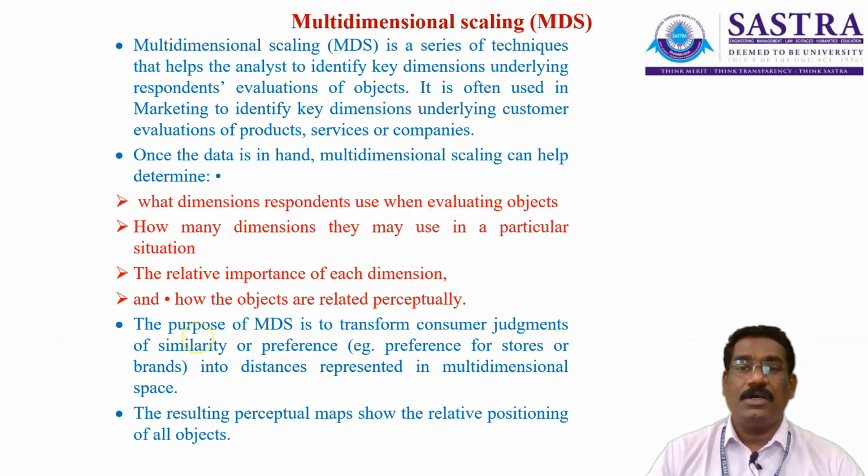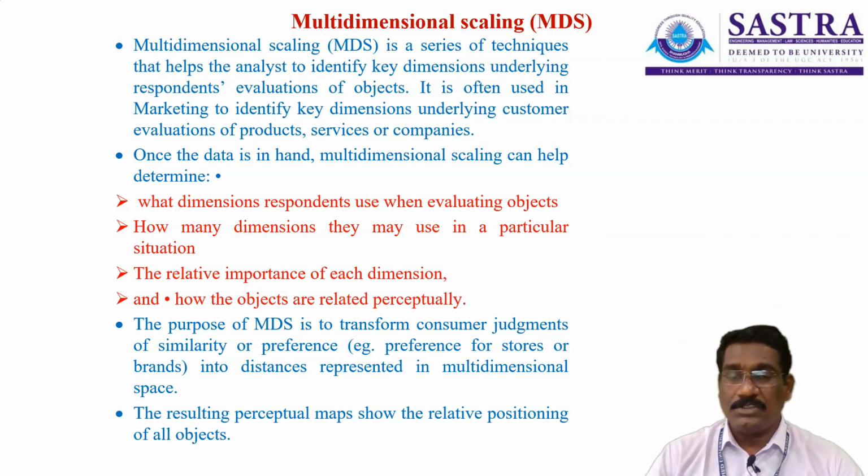The purpose of multidimensional scaling is to transform consumer judgments of similarity, dissimilarity, or preferences, for example here a preference for stores, retail outlets, or a particular brand, into distances represented in multidimensional space. How do they differ? When you go and buy mobile phones, certain segments may emerge because of similarity or dissimilarity.